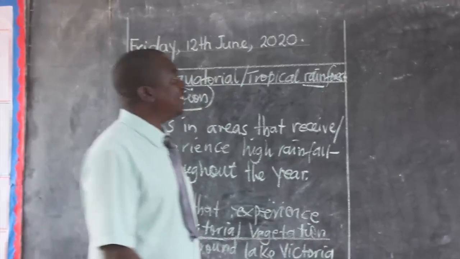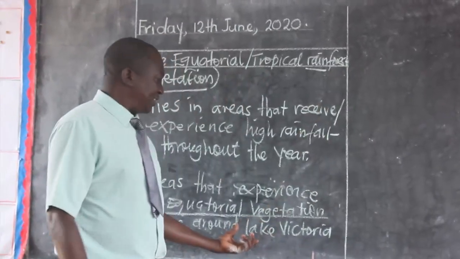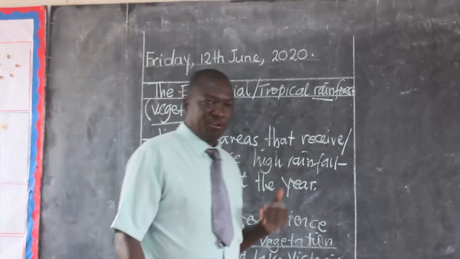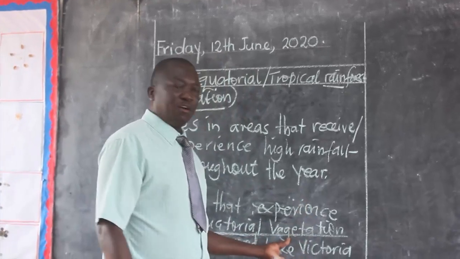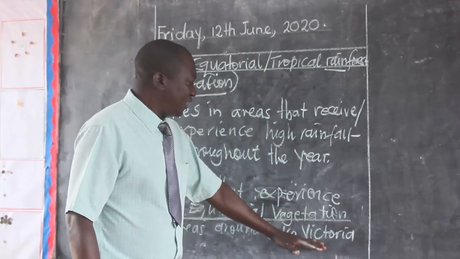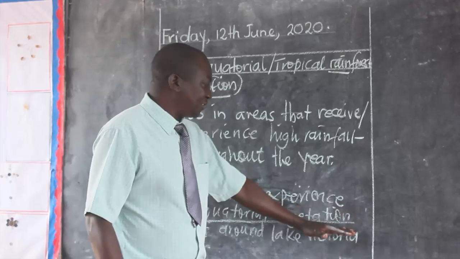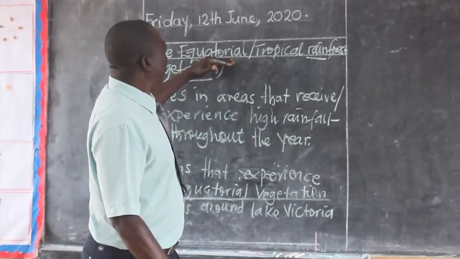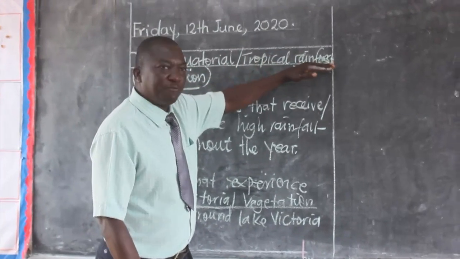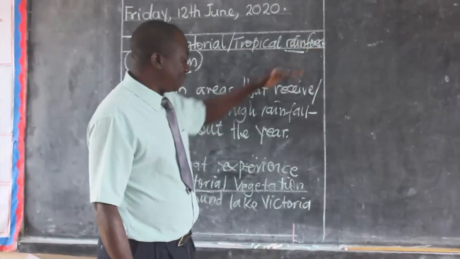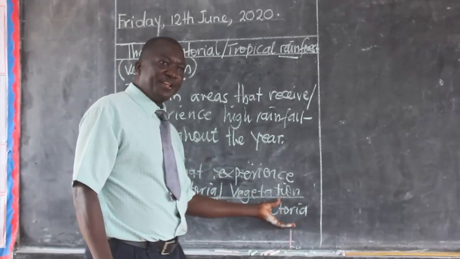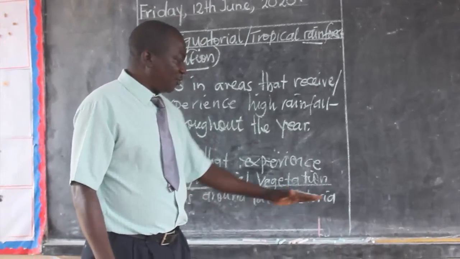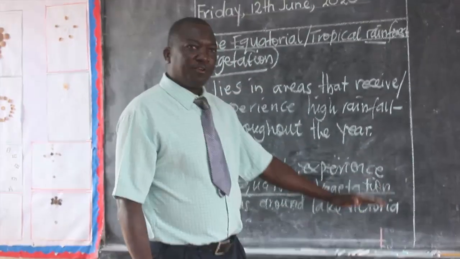Why are we saying so? We know that areas around Lake Victoria are influenced by that convectional rainfall because it is a water body. Therefore, this one here necessitates the growth or the existence of the equatorial or these tropical rainforests, because there is plenty of rainfall received around here because of the water body, which is Lake Victoria, which influences convectional rainfall.